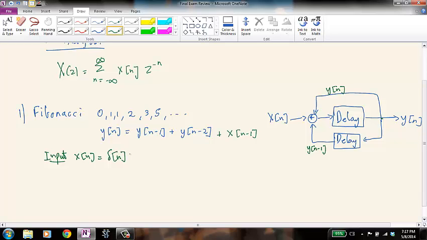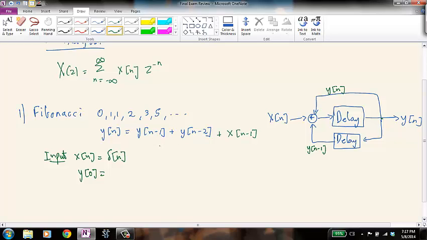Just by definition, y of 0 is just 0, right? Because delta of negative 1 is 0, okay?